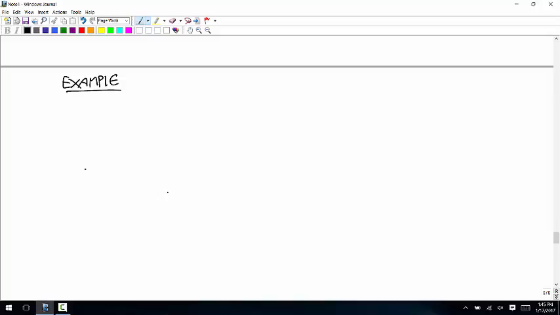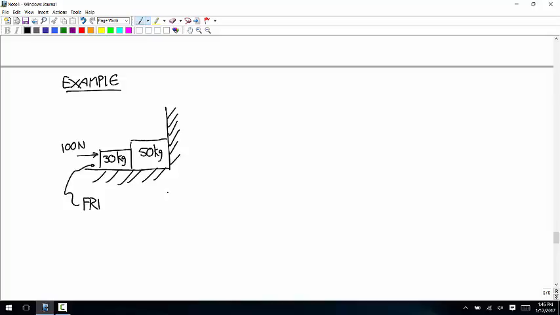Okay, so let's say that there's a floor and a wall, and there's a 50 kilogram box against the wall, and then a 30 kilogram box next to it. And there's a 100 Newton force applied to the 30 kilogram box. Let's say that this contact is frictionless.